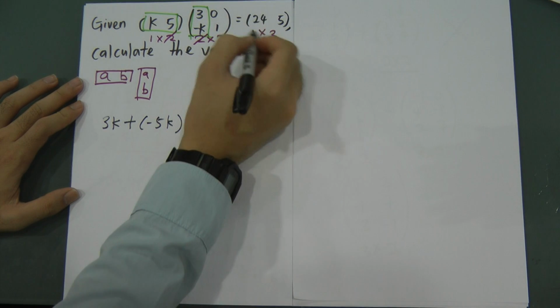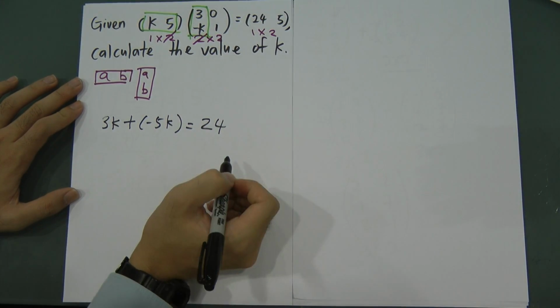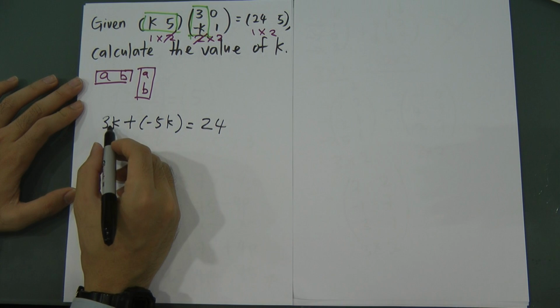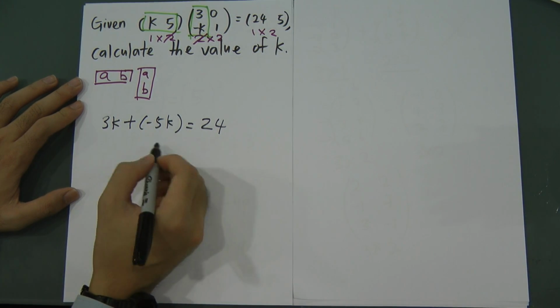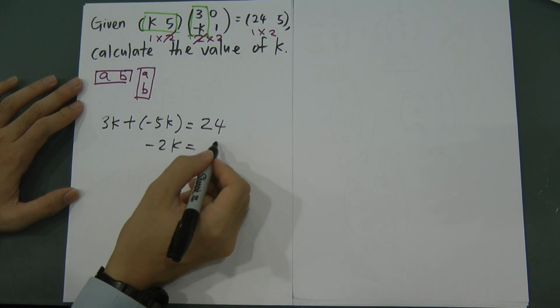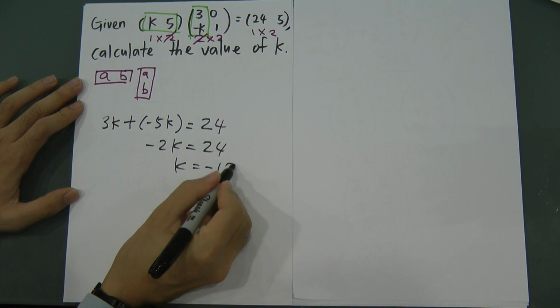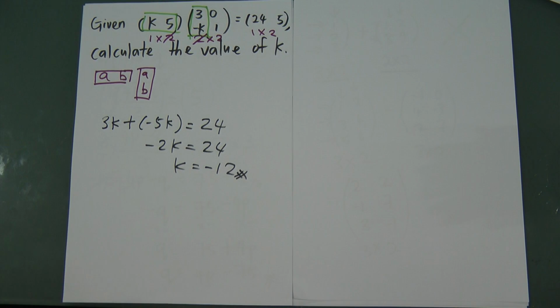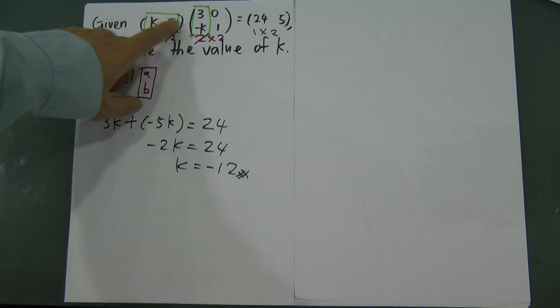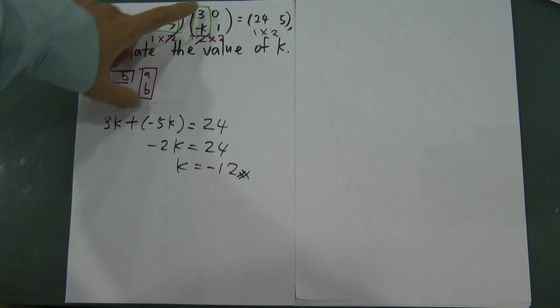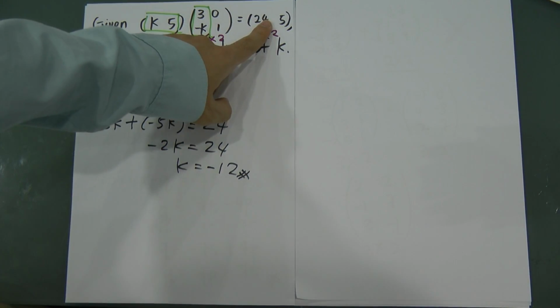I got the first one is 24. So this is 3k minus 5k is negative 2k. Therefore, k equals to negative 12. I just multiply the first one because A multiple A plus B multiple B, I got 24.